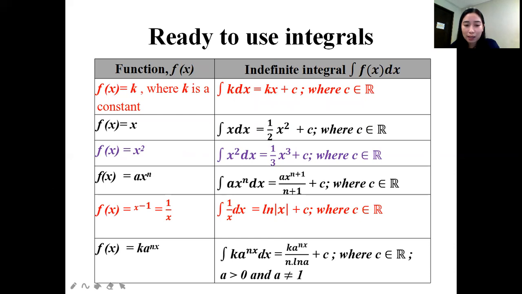So the answer is ang ato ang k is 1 na magyapon, x to the power of n plus 1 daw. So na ang ato ang n is 2. So 2 plus 1 is 3, tapos all over n plus 1. So 2 plus 1 is 3. So 1/3 x cubed ang answer. Plus c, where c is any real number.